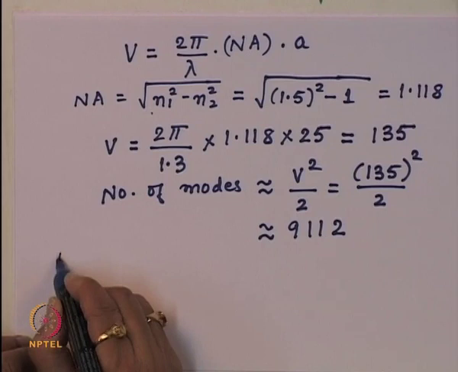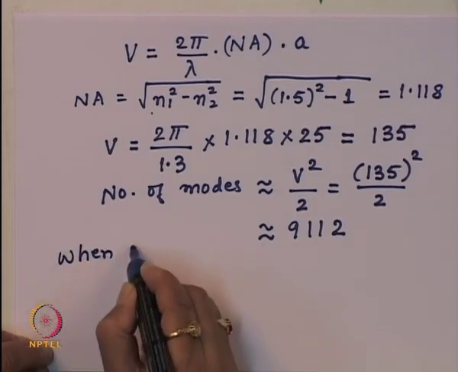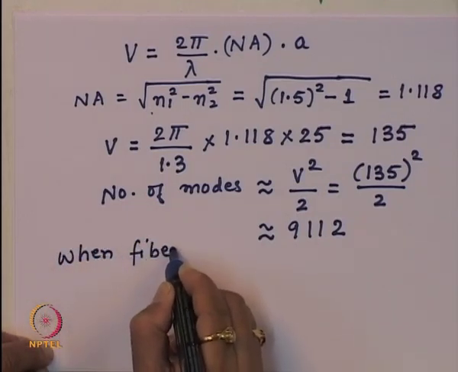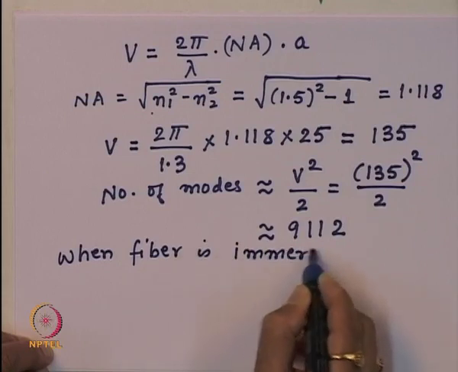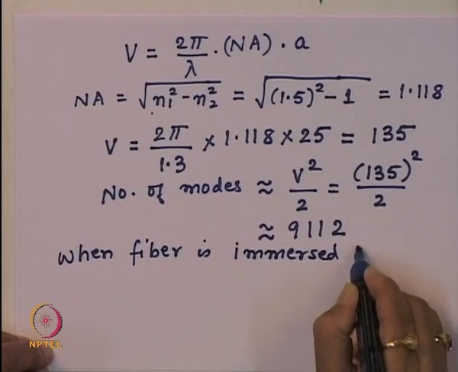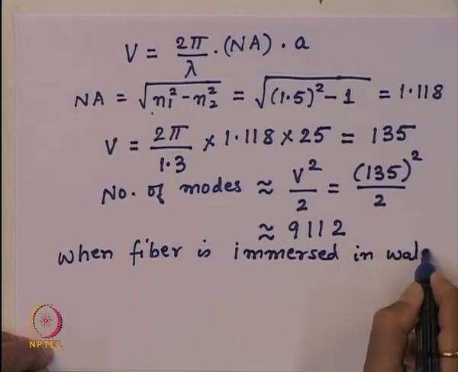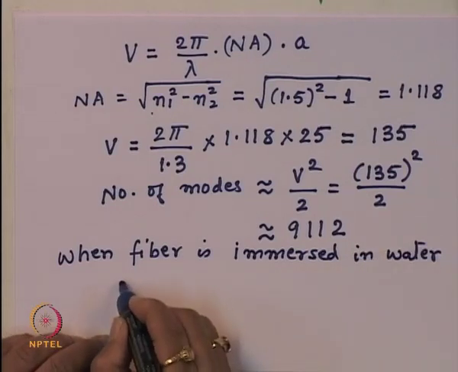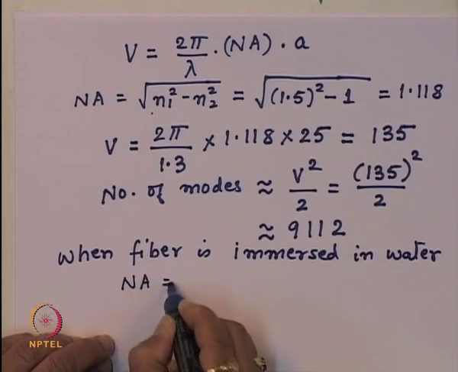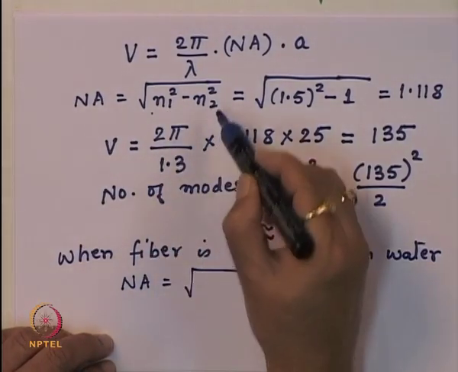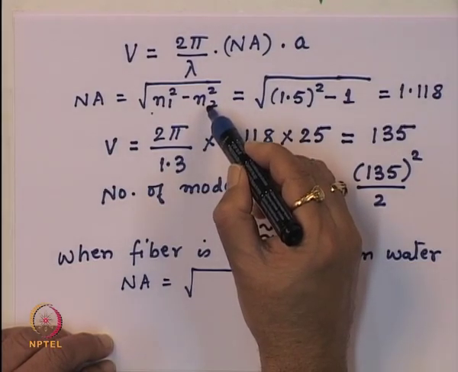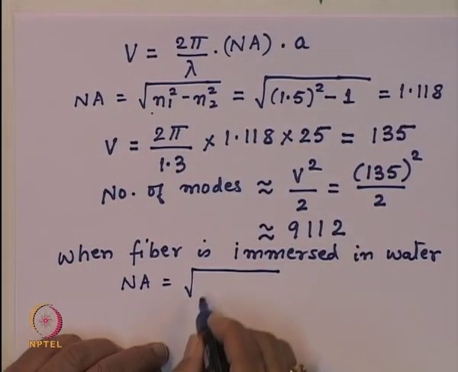So, now in the second case, when the fiber is immersed in the water, the numerical aperture will be square root of n1 square minus n2 square, but now n2 is not 1, but n2 is 1.33, that is the refractive index of water.